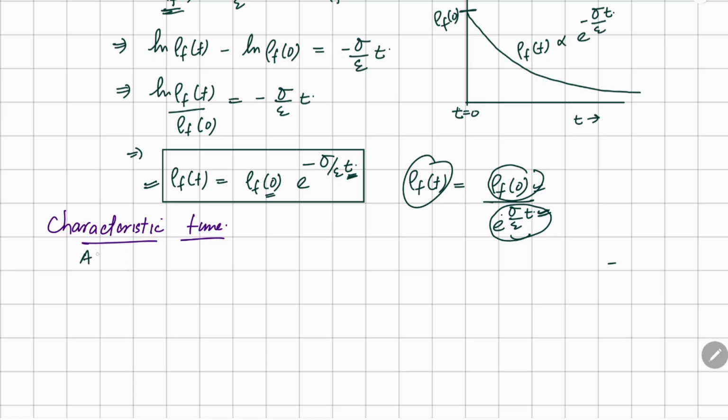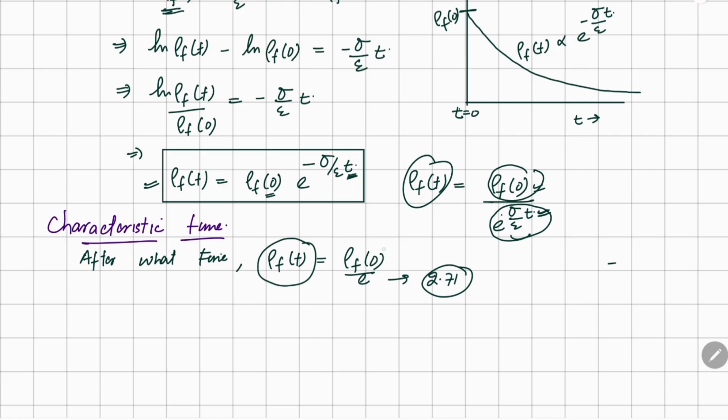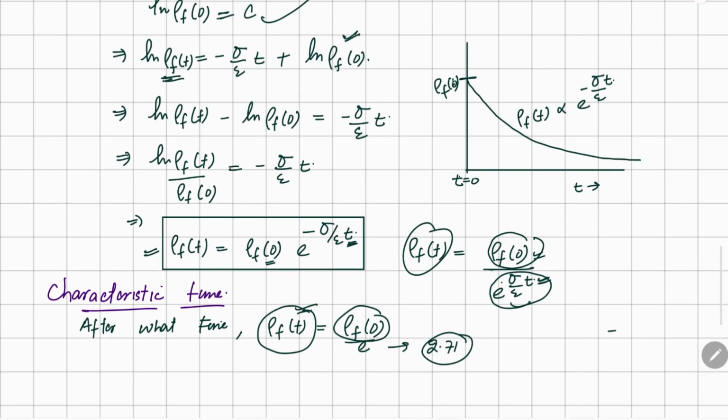It is the time after which rho_f(t) becomes rho_f0 by e, where e is 2.71. As I told you, rho_f(t) decreases from its rho_f0 value, so after some time t equals tau, its value becomes rho_f0 by e.